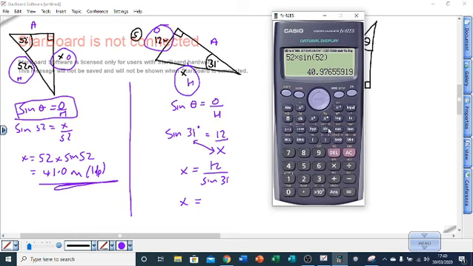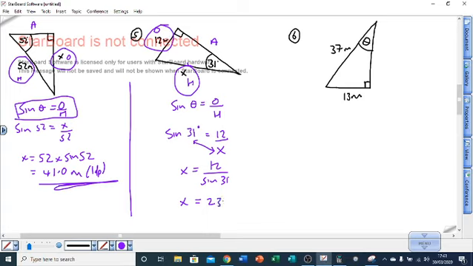We've got 12 divided by sin of 31 degrees. Close brackets, and again it's a length, it's in meters, 1 dp will say 23.3. 23.3 meters to 1 dp. Okay, so that's that one there.